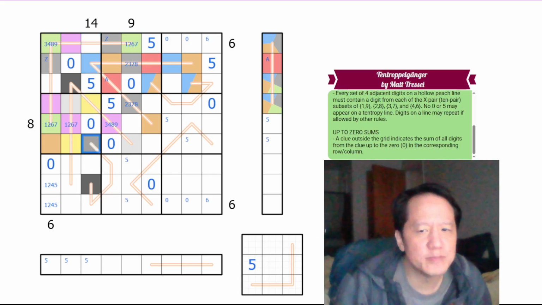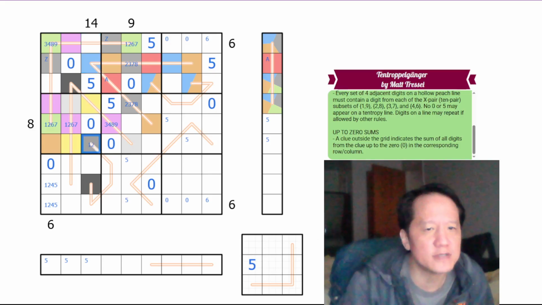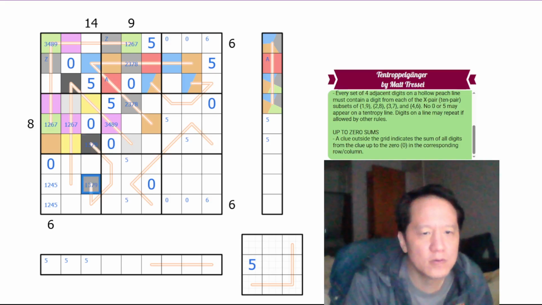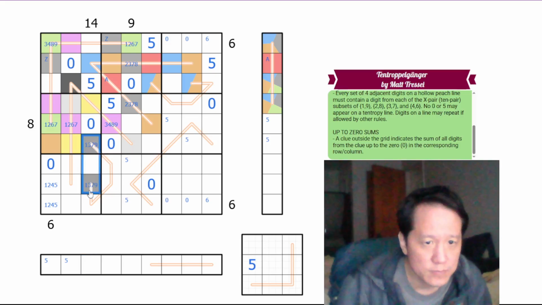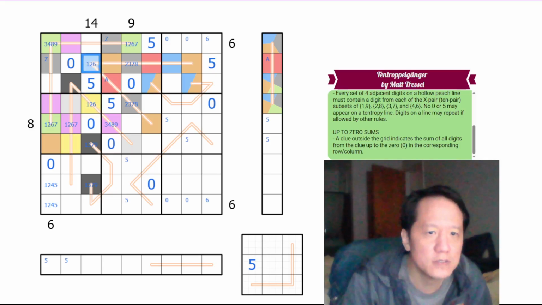So this has to be either 1, 9 or 3, 7 here. We're not missing a 5 there. So we're missing some other color. There's 1, 9 or 3, 7 here. This has to be either 1, 2, 6 or 2, 3, 4.